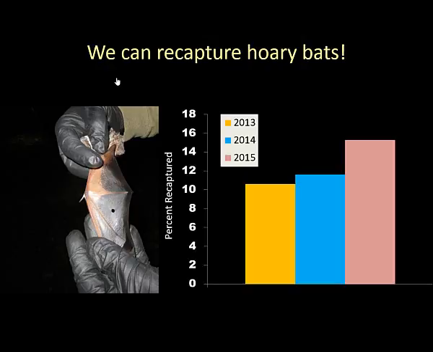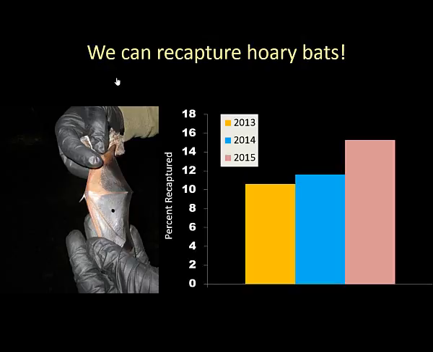Up to that point, people would ask, why don't you mark these bats? I think you could learn a lot about their population size or their fidelity to the site. But knowing that they're a solitary tree-roosting bat that roams over the entire continent, I thought it was kind of like picking up that grain of sand you lost at the beach last week. It's nearly impossible.